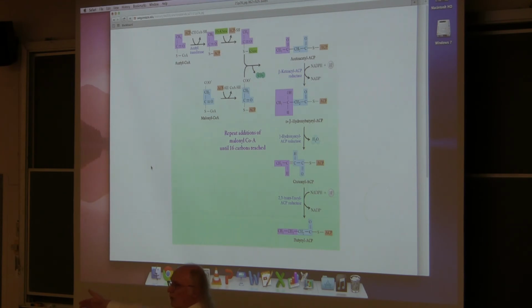Now we're going to go from a ketone back to a carboxyl. That's a reduction that's happening. And that reduction happens as a result of catalysis by an enzyme whose name I'll talk about later. As I said, you're going to like the enzyme. Okay? But it also requires electrons from NADPH. NADPH is the source of electrons.